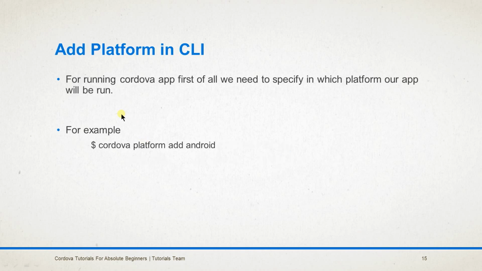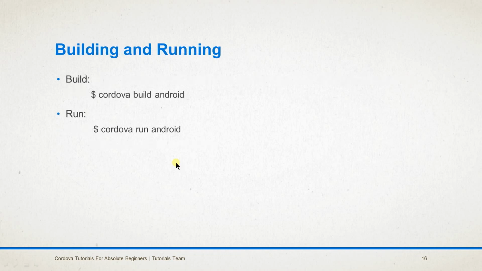By default, Cordova does not include any platform. We need to add manually a platform in which our application will run. For this, we need to use the cordova platform add command. Then we need to build the application by using the cordova build command. And to run the application, we need to use the cordova run command.